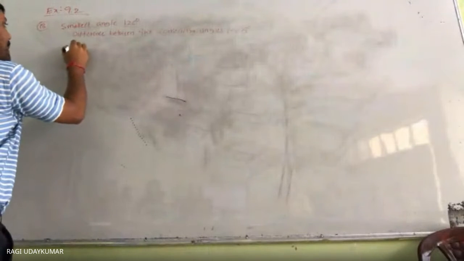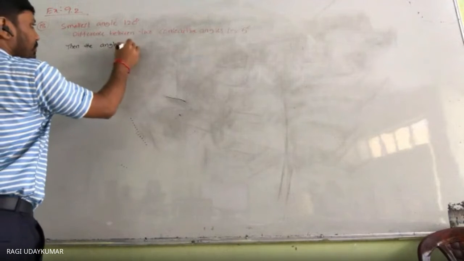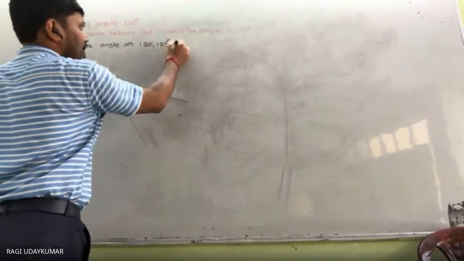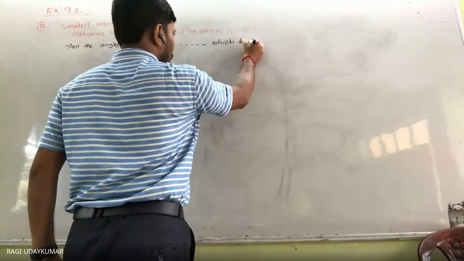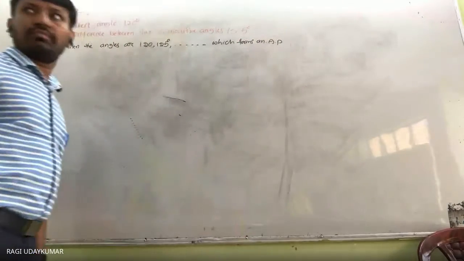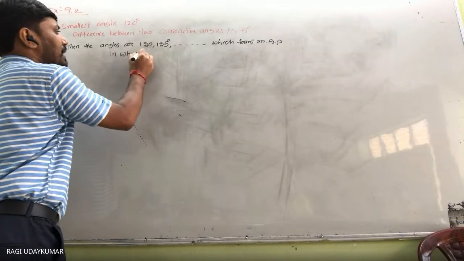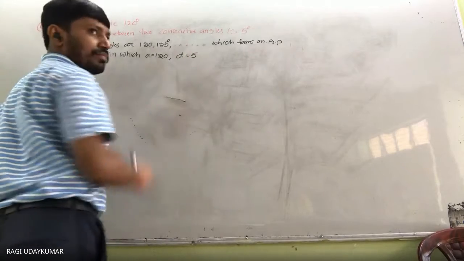Therefore, the angles are 120, 125 degrees, and so on, which forms an arithmetic progression, okay, in which a is equals to 120 and d is equals to 5.